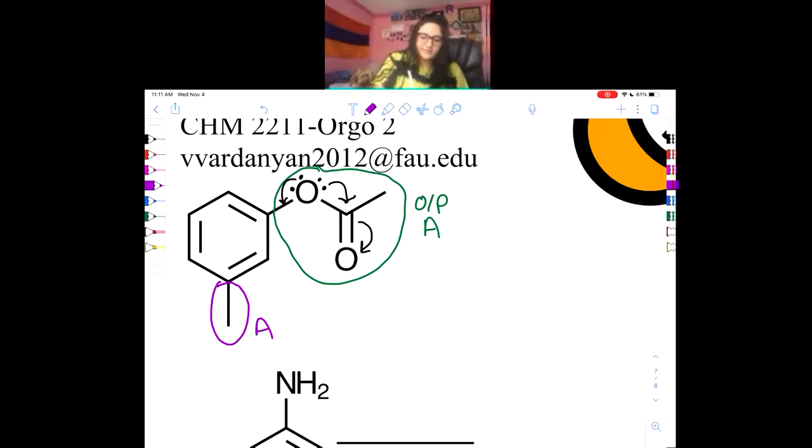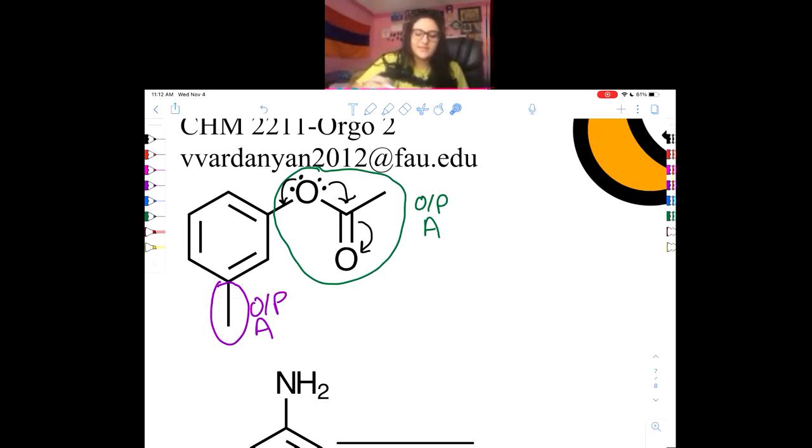Ortho-para, exactly. Cool. So between the two of these, which one is going to be the director? AKA, which one is the more active one? Green, exactly. So green is going to be the director because it is more activating than our R group.